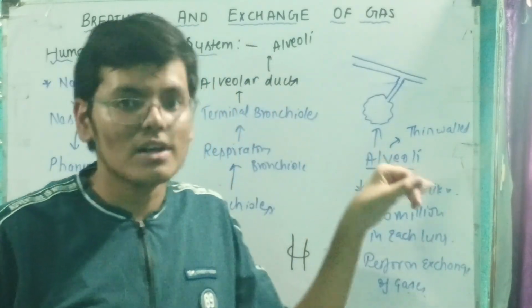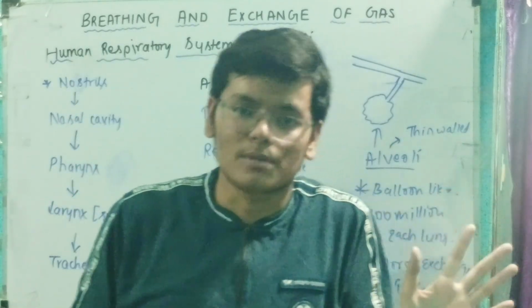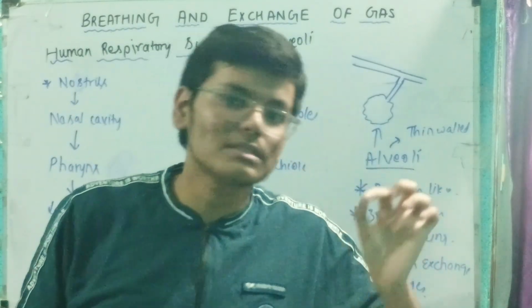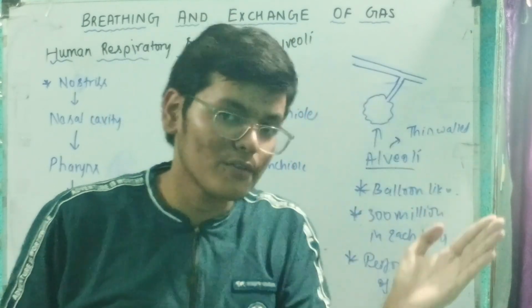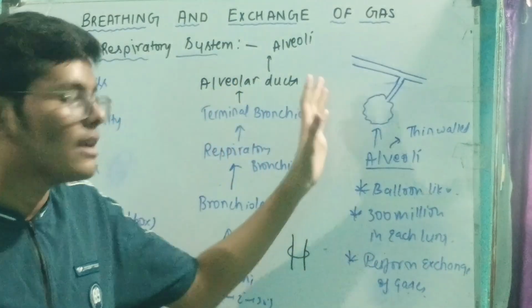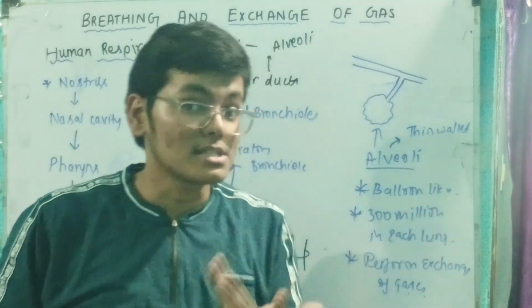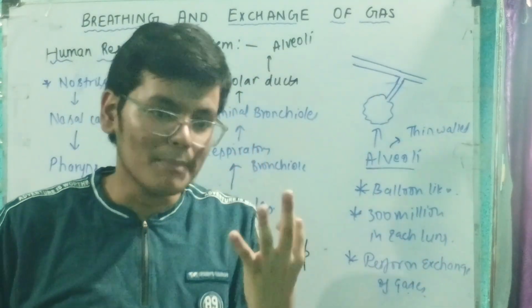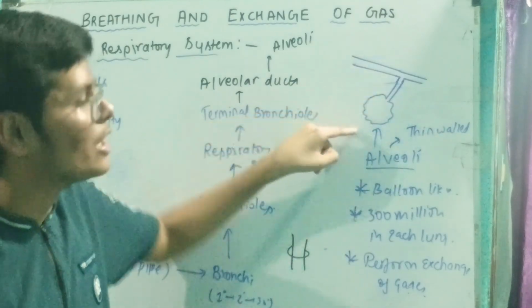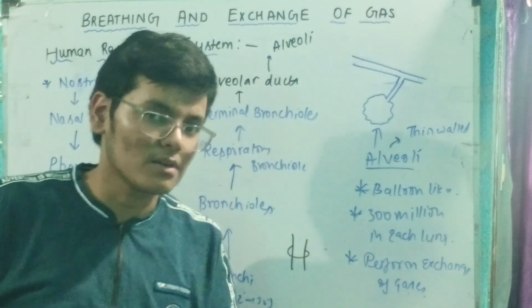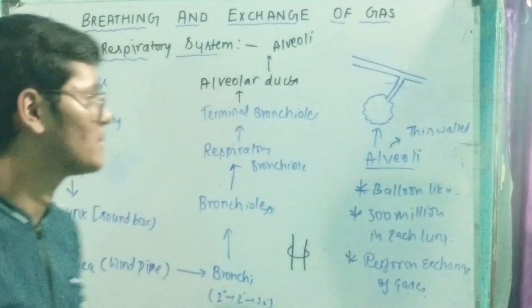We learned that alveoli is an example of simple squamous epithelium tissue. These simple squamous epithelium tissues help in the diffusion between the alveoli and the blood vessels. Later on in this chapter, we will be learning more about this diffusion membrane. There are three membranes which the gas has to pass to flow from alveoli to the blood vessels. We'll learn that later on when we go into more detail about the chapter.